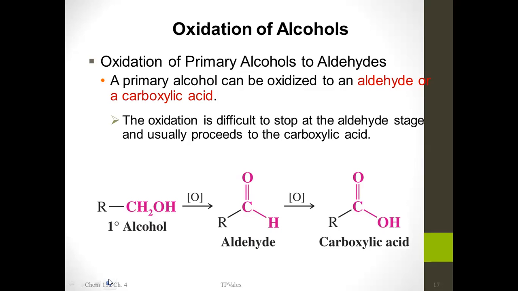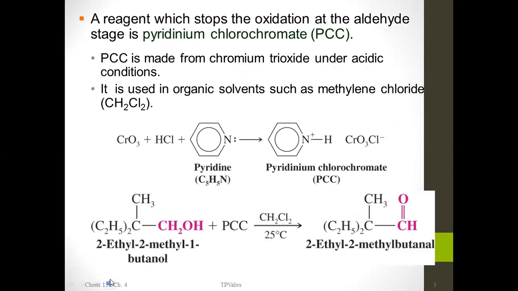Then you can have your aldehyde, and then you can actually have your vinegar, your carboxylic acid. So this one is an oxidation process, and as mentioned, it's difficult to stop at the aldehyde level. You can actually just continue to a carboxylic acid for a 1-degree alcohol.